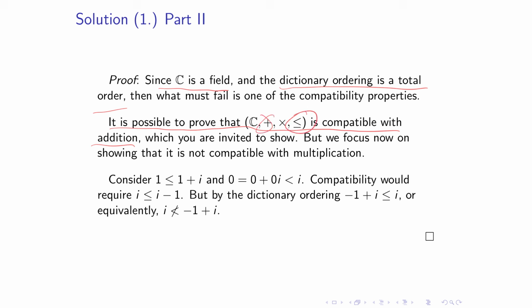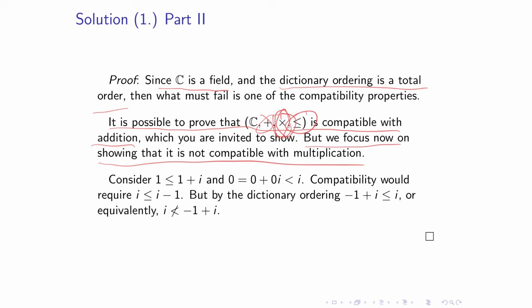So I just promise you that, and you're free to prove it if you like, but I'm just going to claim it here without proof. And all of this is to say that we should therefore focus our attention on showing that less than or equal to is not compatible with multiplication. That's the one that's going to fail here.